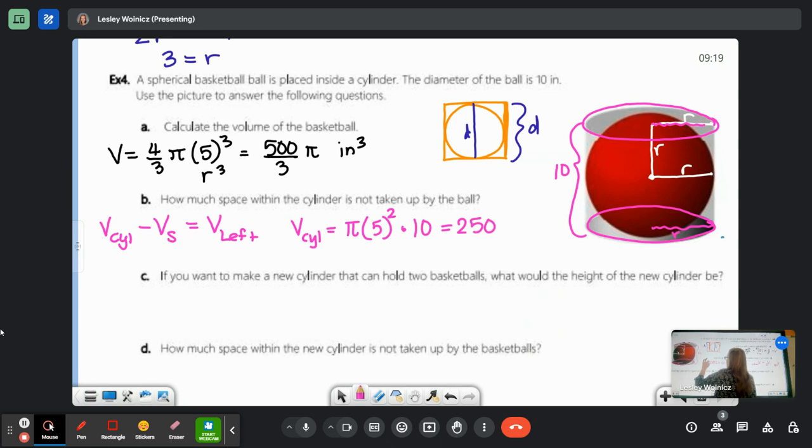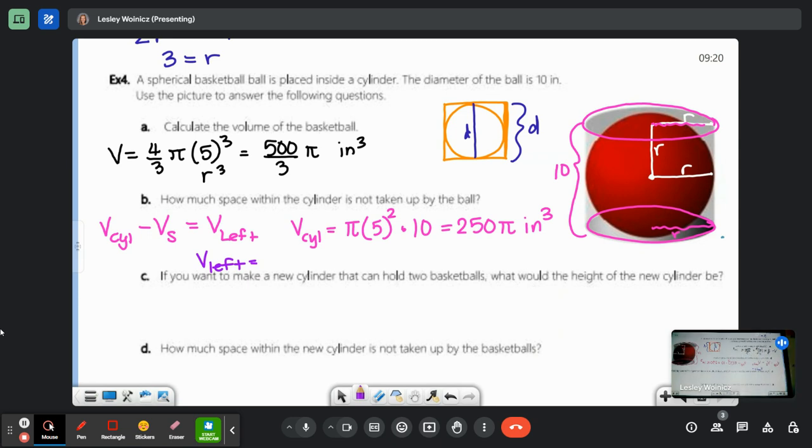You just subtract it. This is inches cubed. So we're doing 250 pi minus 500 divided by 3 pi. We might have to round at this point. 500 divided by 3 is 166.6.